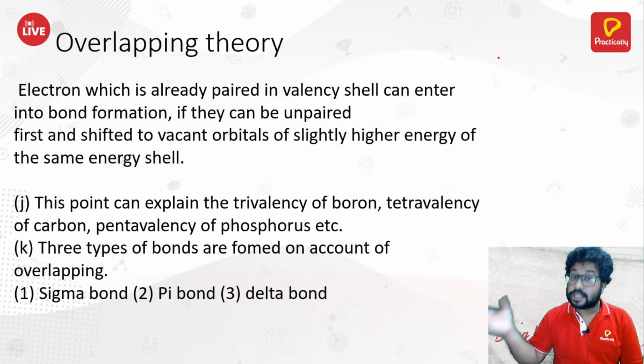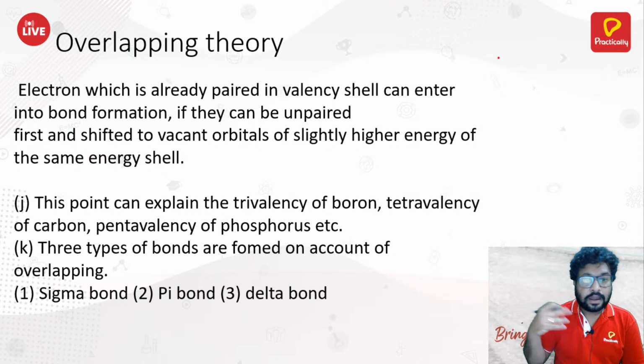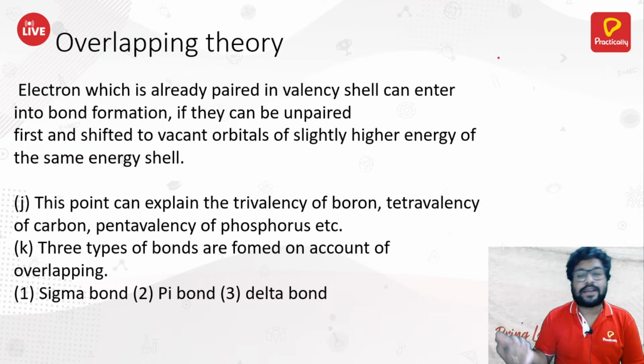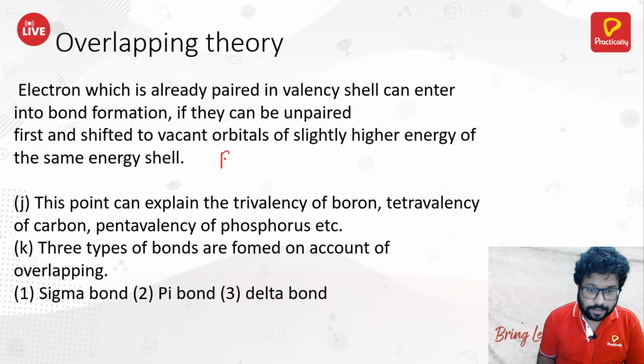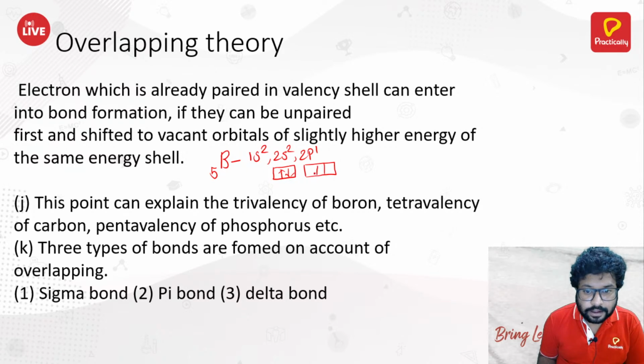Now this point can explain the trivalency of boron. How? Look at this. The atomic number of boron is 5. So its electronic configuration is 1s2, 2s2, 2p1. So you got 2 electrons in s, 1 electron in p. Now we knew that valency of boron is how much?